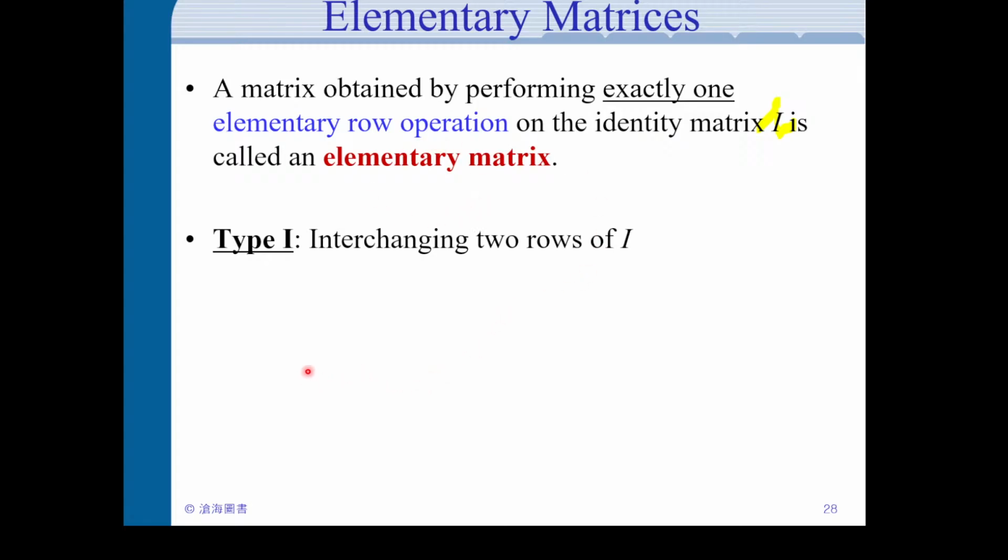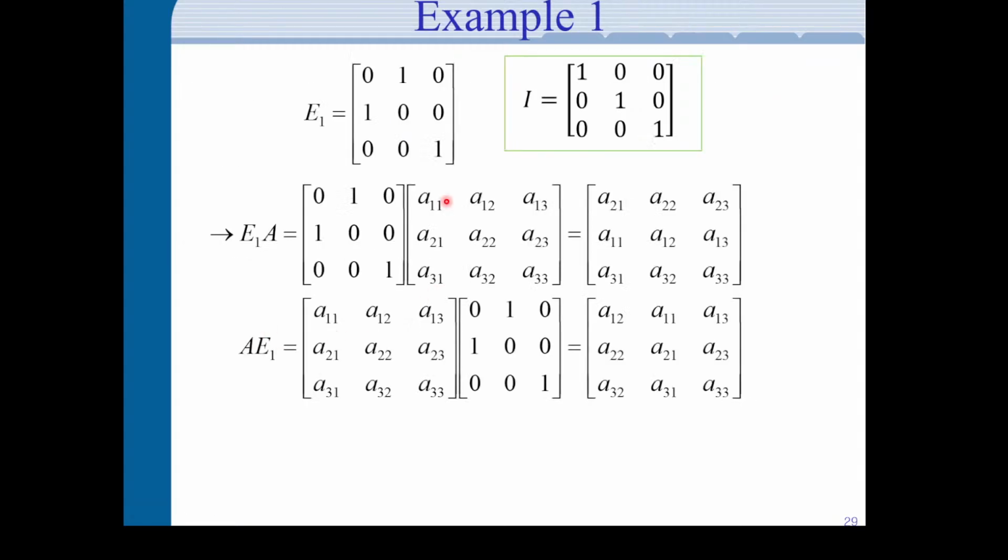The first type corresponds to the elementary row operation of interchanging rows. So the identity matrix looks like this, and then you interchange two rows of it. If you interchange the first row and the second row, you will get this elementary matrix: 0, 1, 0; 1, 0, 0; and 0, 0, 1.